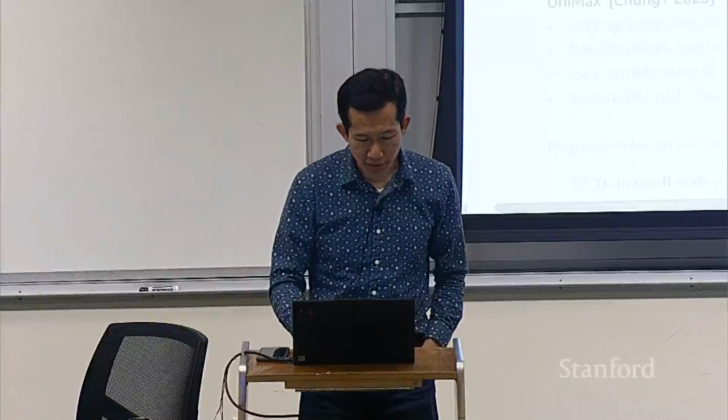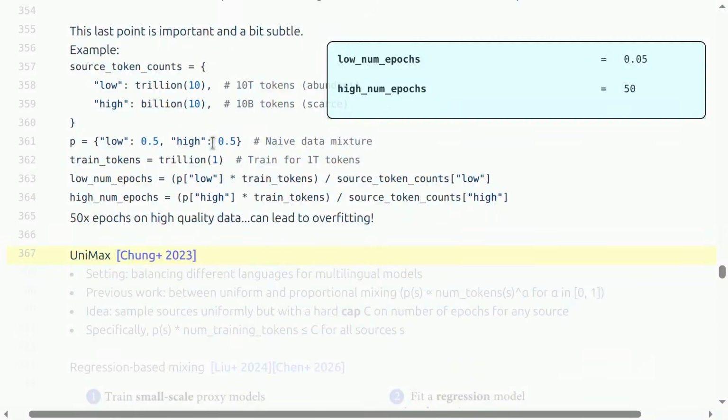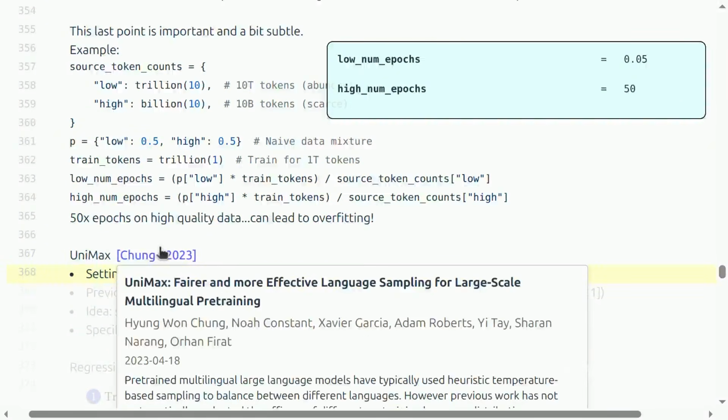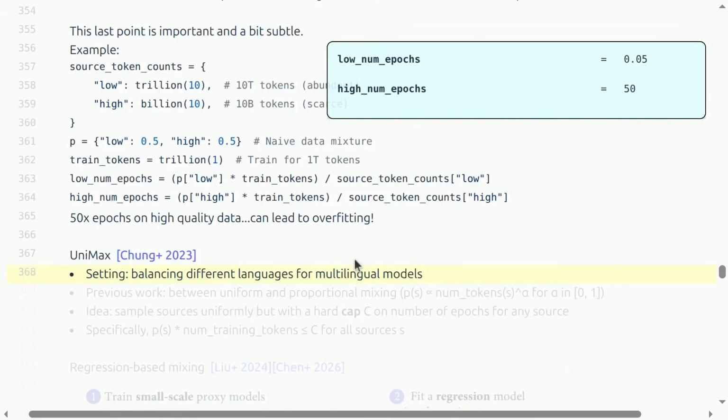Okay, so this problem has been noticed quite a long time ago. In this paper, they introduced UniMax, and in that case they were training multilingual models. It was very clear that some languages were very low resource, so you had to do something about this.